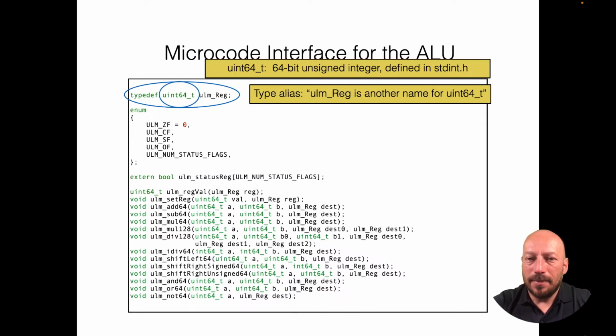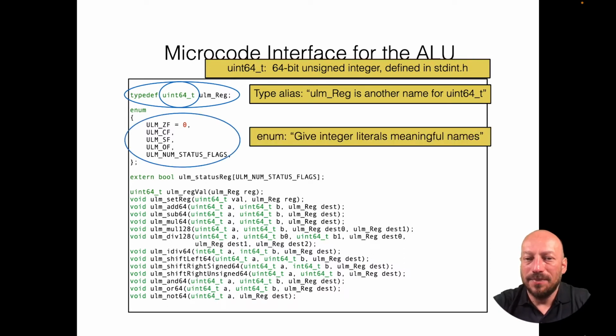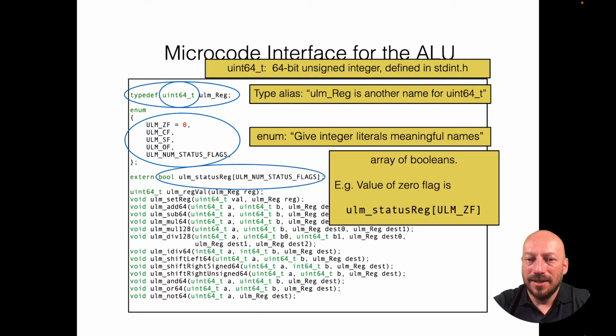For accessing information about the status registers, I have to identify the status registers. And for that I want to use readable integer literals. And I don't like macros, so that's why I'm using these enums. And with that you can access from this array of status flags whether a certain bit is set or not.